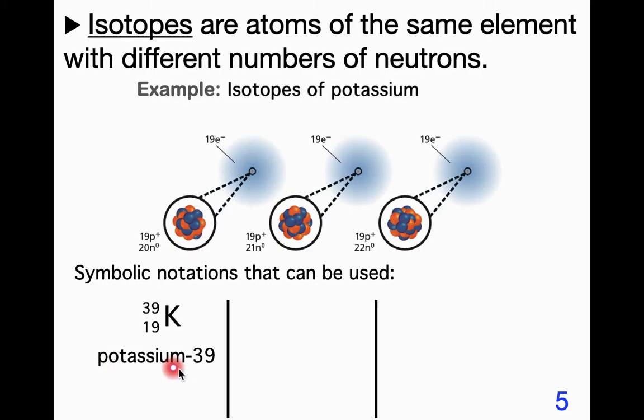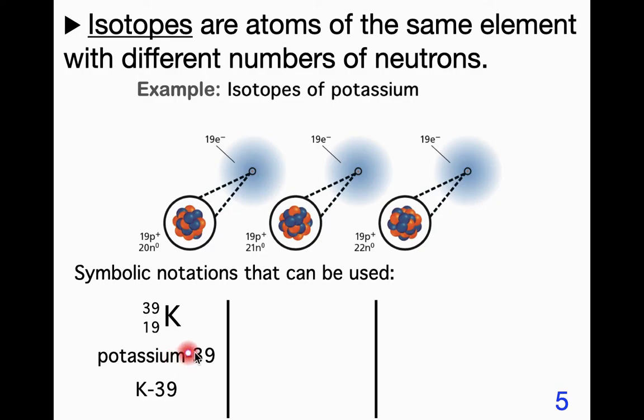Now, we don't include 19 here because we really don't need it if you think about it. If 19 defines the element, then why do we need to say 19? If it's potassium, then it's a given. It has 19 protons. Now, we can also write it in a simpler manner, just using the symbol hyphen 39. So all 3 of these would be a way that we can represent this particular isotope.